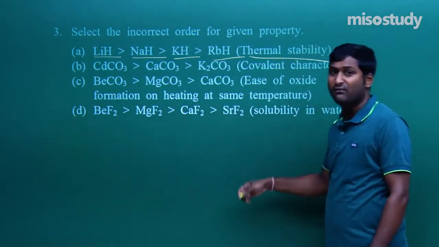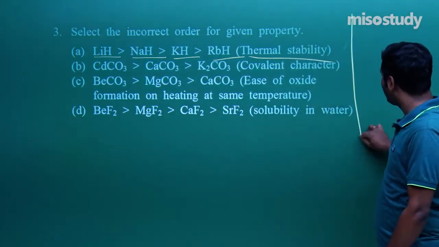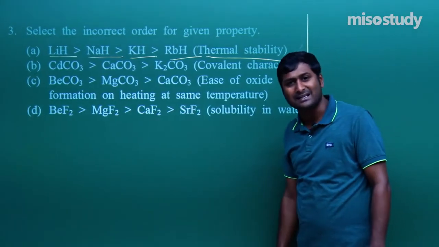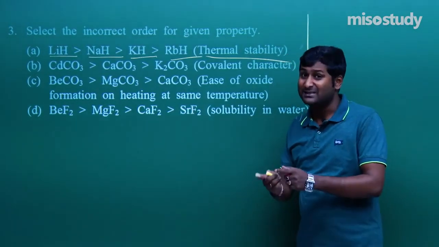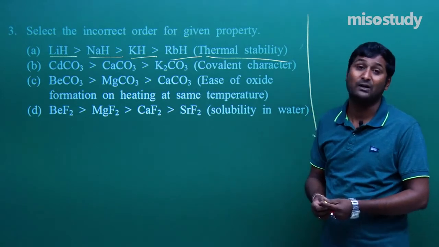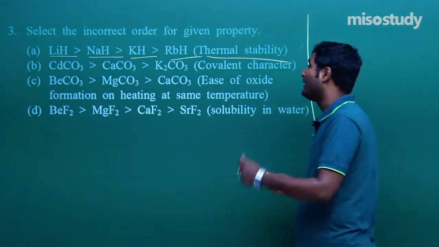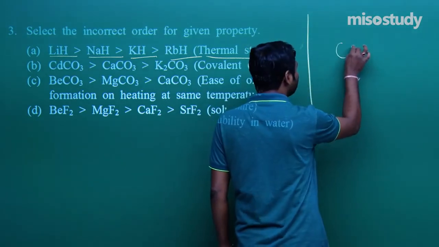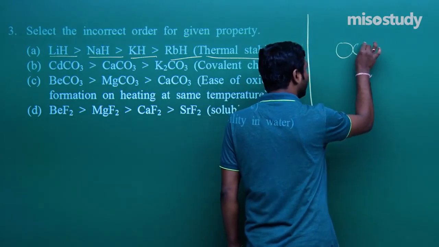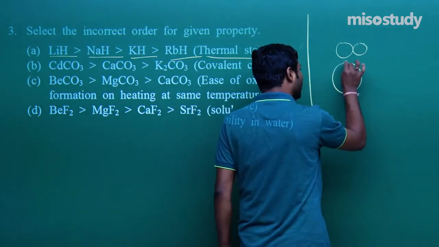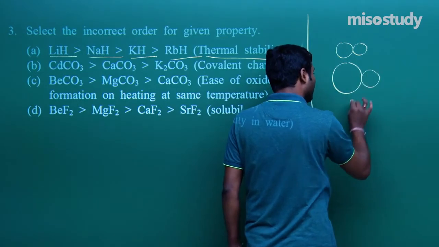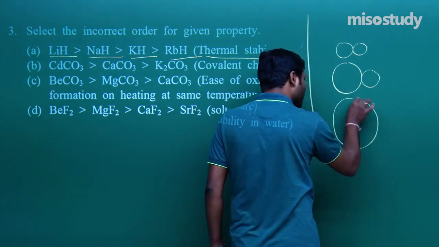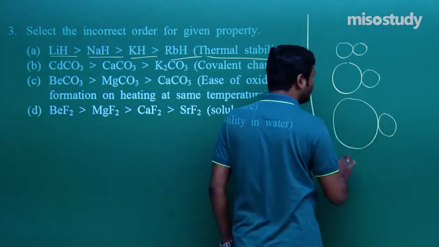As we know, if we move down the group, the size of the metal increases. If the size of the metal increases, then we can easily break the bond. If I talk about LiH, this is LiH, friend. This one is hydrogen. If I talk about NaH, this is NaH. If I talk about KH, this is KH.